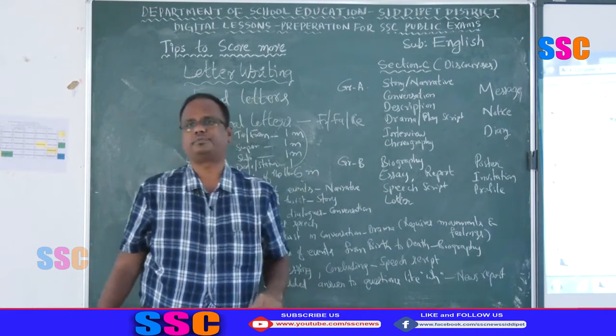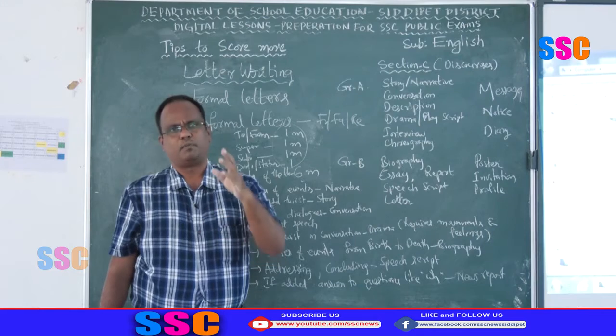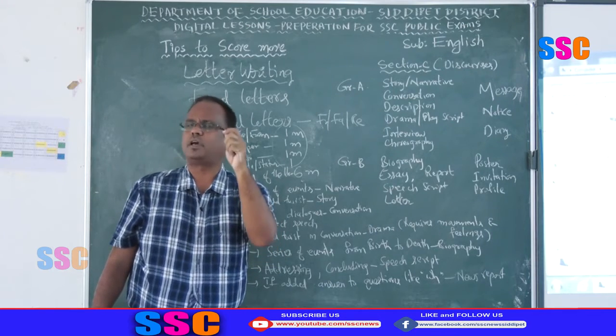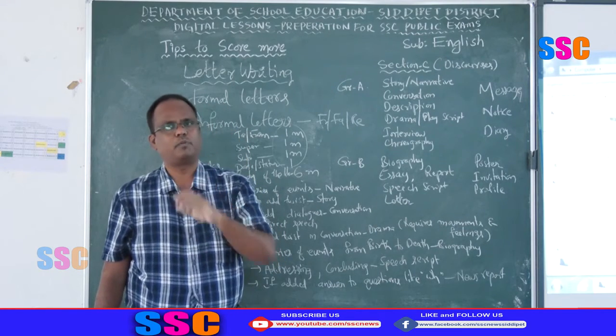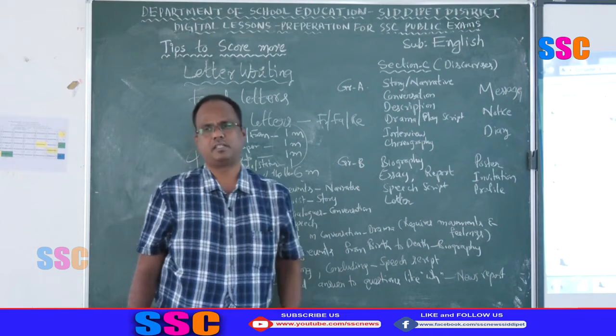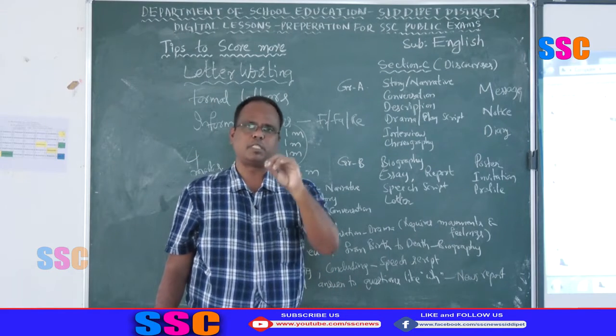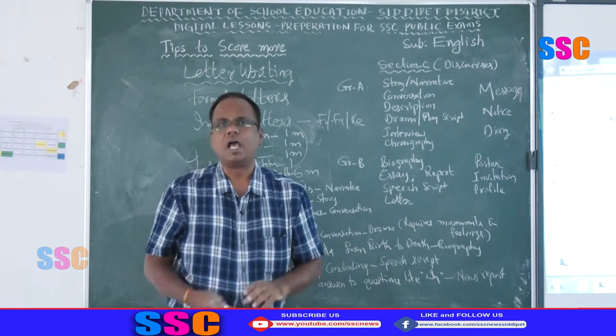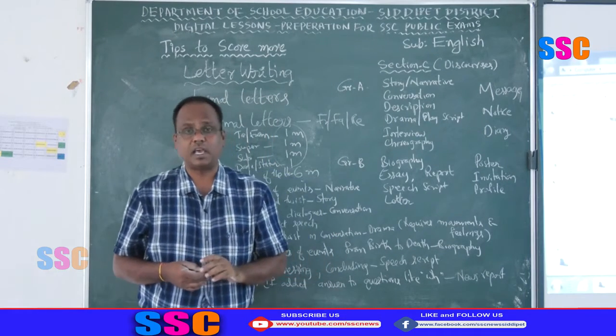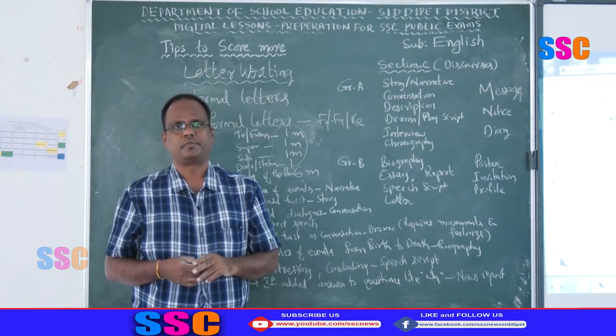It may be section A or section B or whatever it may be, 4 marks nowhere you can get. It is possible only in section C. That's why I consider section C the more scoreable section.